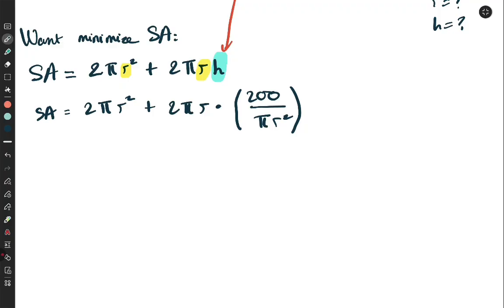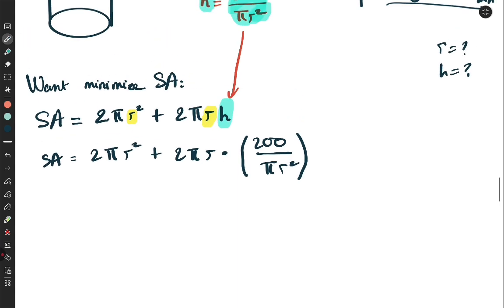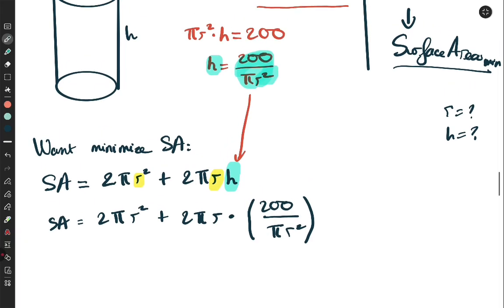A lot of things you can clean up. Simplify and then derivative.